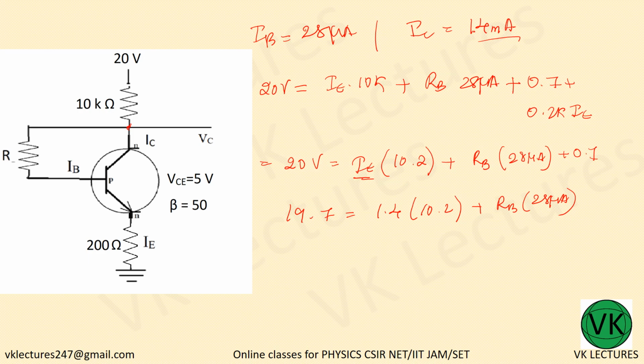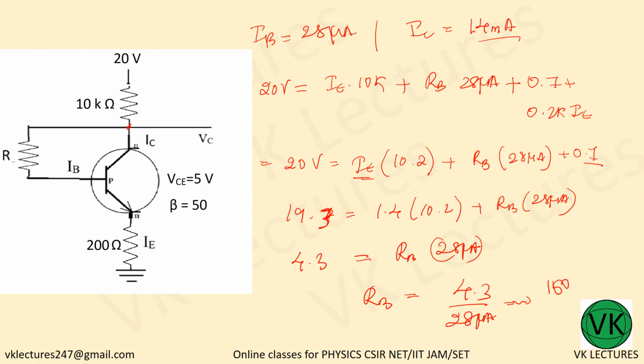So this is 19.3 minus 15, that you can write 4.3 equal to RB into 28 microampere. So RB is equal to 4.3 divided by 28 microampere. So this value is around 150 or 140, you can write 140 kilo ohm. So this is it.